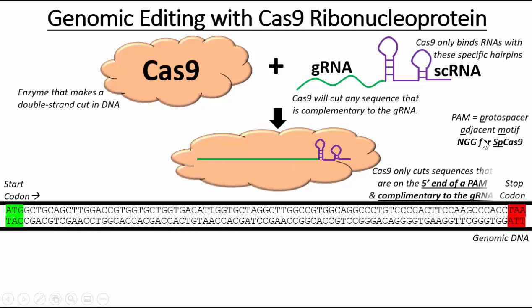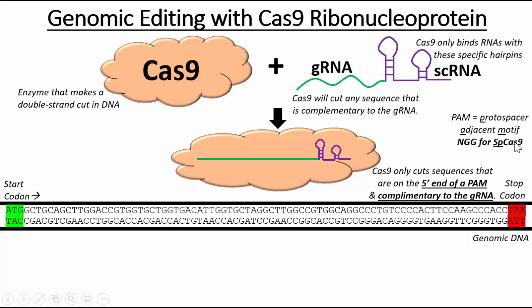We would also need to know the sequence of our gene. That's very important because Cas9 actually can't cut just anywhere in the genome. It can only cut on the 5' end of a PAM sequence. Now, PAM stands for protospacer adjacent motif. That's a mouthful, but all you need to know there is that the PAM sequence for Cas9 is NGG.